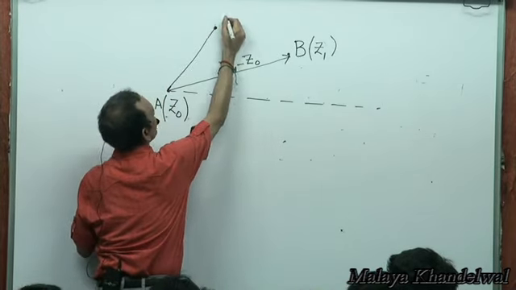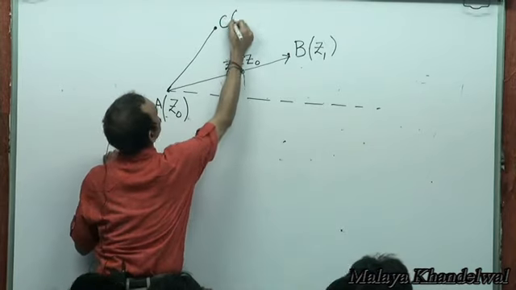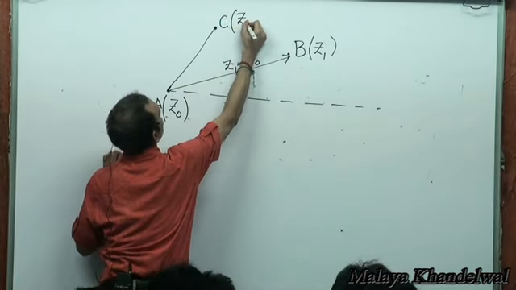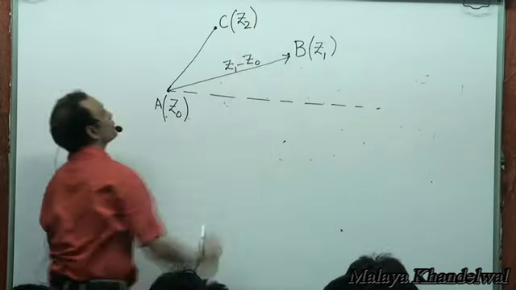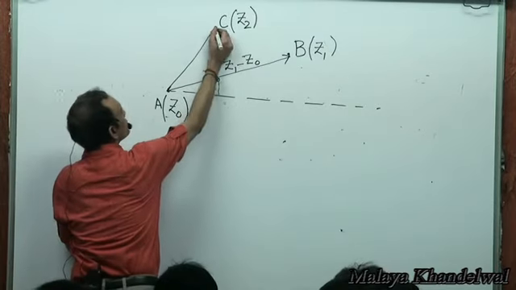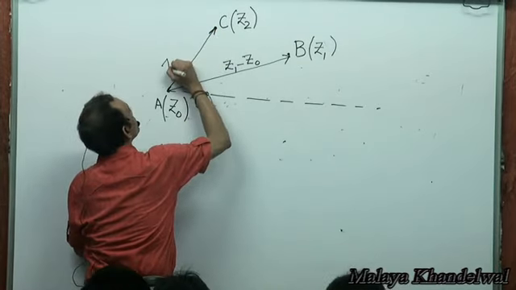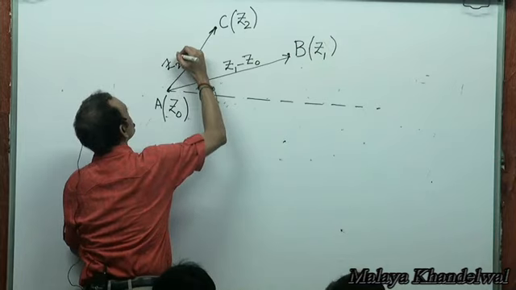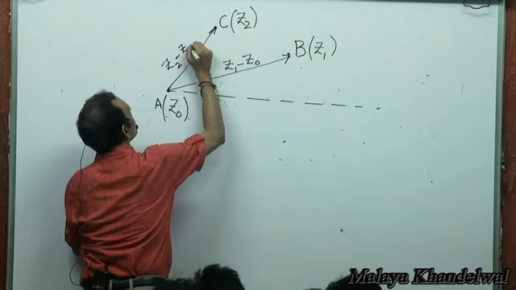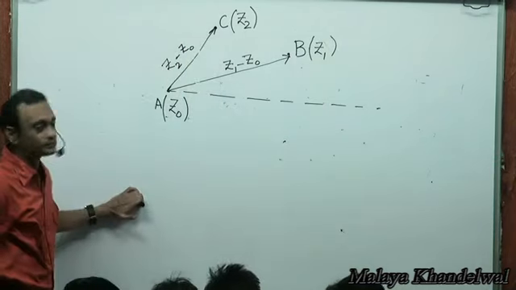Say this is a point C with position vector z2. Then this vector AC would be z2 minus z0.